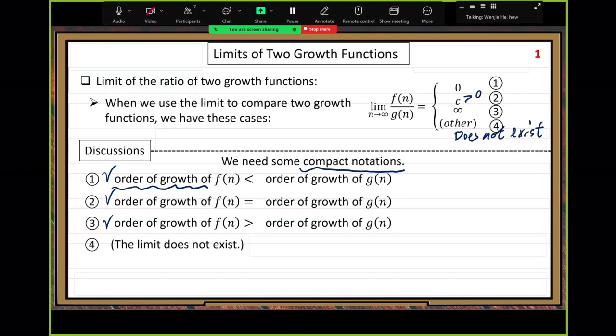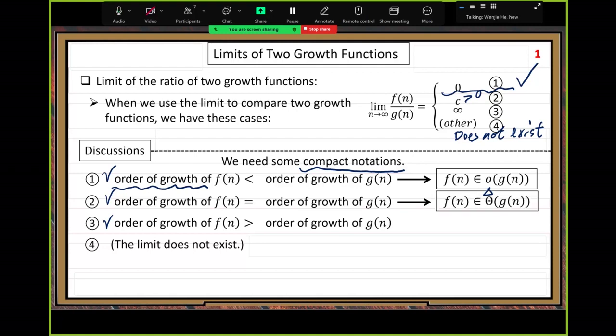So what's that? The first case, we say the f function belongs to little o of the g function. What's the meaning of this little o thing? The limit equals 0. If you want to understand the meaning of this little o, you go back to this limit: the ratio of the f function over the g function, the limit equals 0 where n goes to infinity. That's the meaning.